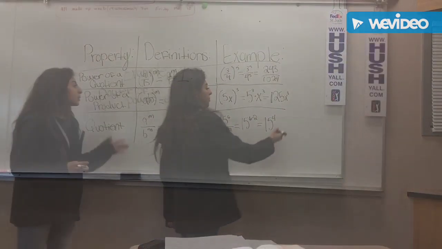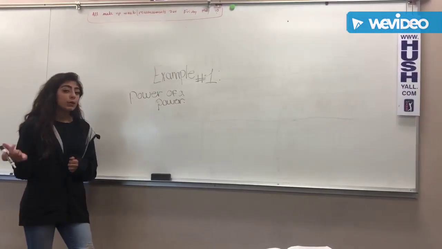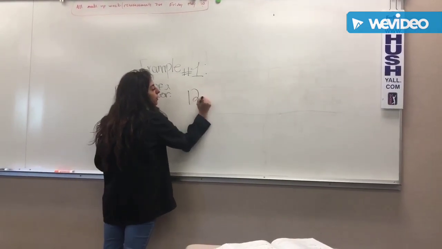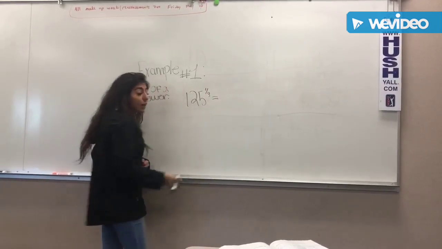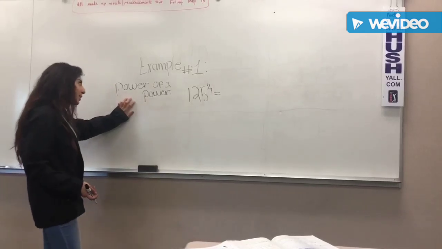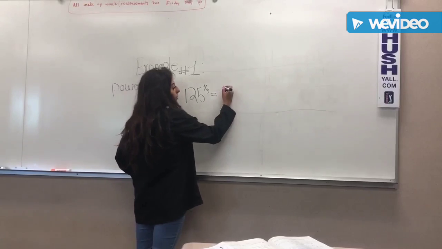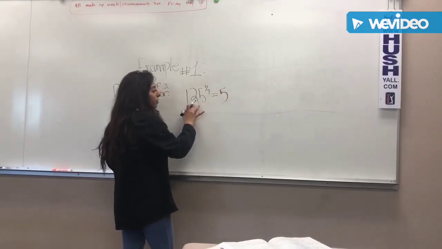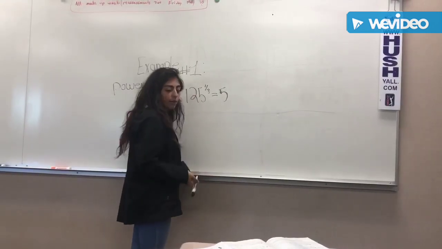You could simplify it further as an example of power of a power, except in this example, the exponent is going to be a fraction rather than just a whole number. So we're going to do 125 to the power of 1/3. Now when we rewrite this using the properties of exponents, using power of a power, we find that this would simplify down to 5, because the third root of 125 would be 5.